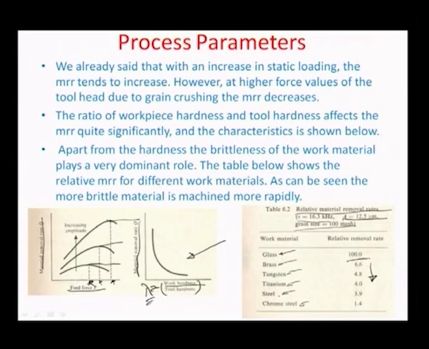So of course the hardness and the brittleness of the work material both play a very dominant role in this process, and therefore particularly in MEMS applications or microsystems applications, when we talk about silicon micromachining or glass micromachining, they are very brittle in nature.